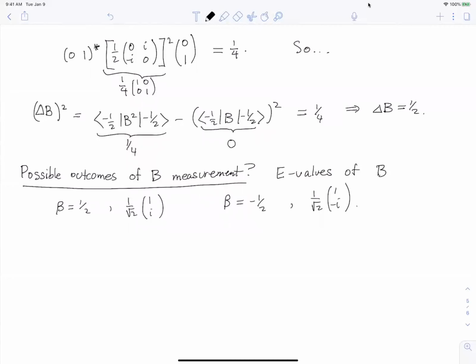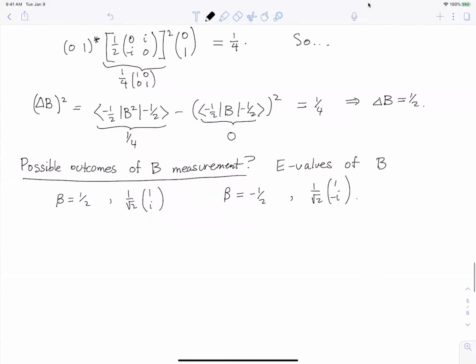The reason I wrote down the eigenkets also is because of the next question we're going to ask, which is, let's say we're in the state minus 1/2, which is an eigenket of A with eigenvalue minus 1/2.